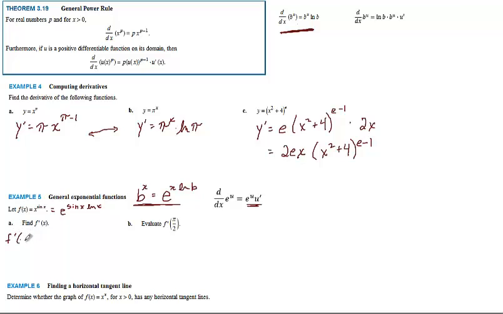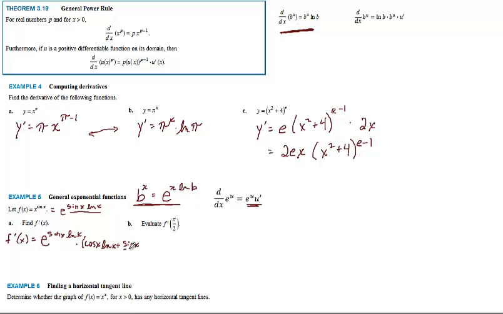So f prime of x equals e to the u, which my u is this sine x natural log of x. So e to the sine x natural log of x times the derivative of my u, and there's my u. I will need to use the product rule for that, so I'm going to take the derivative of the first, cosine x, leave the second one alone, add to that, leave the first one alone, and take the derivative of the second.